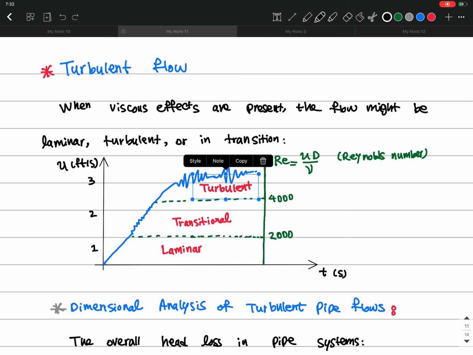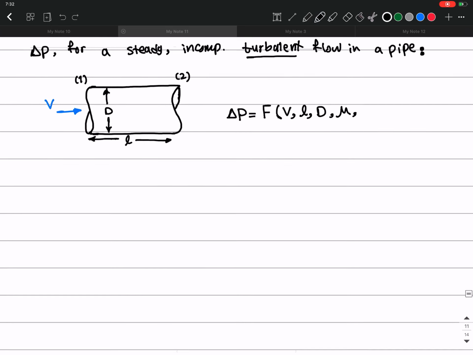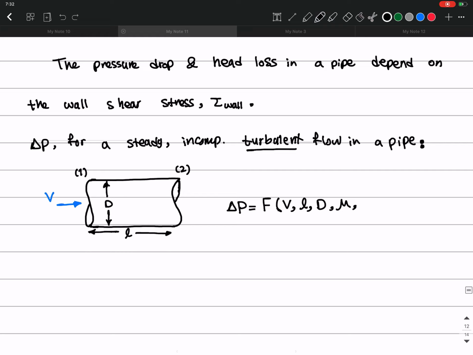Okay, so one more thing is inertia, and for inertia I show it with rho.